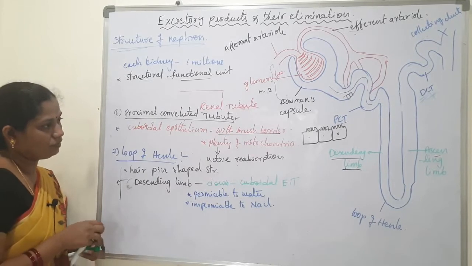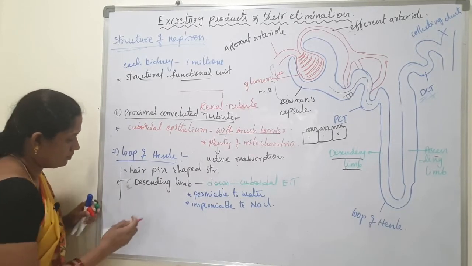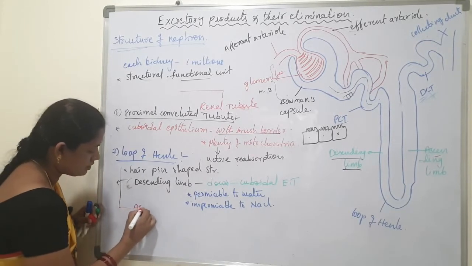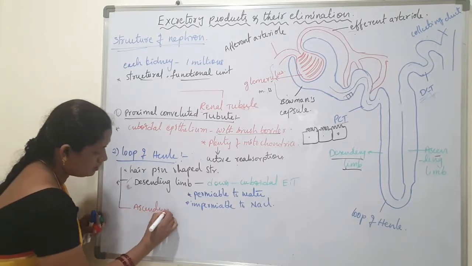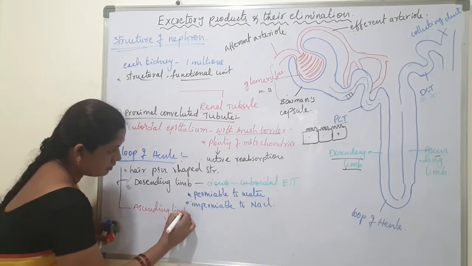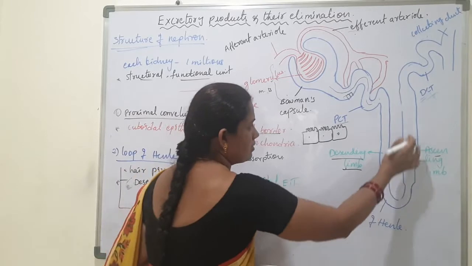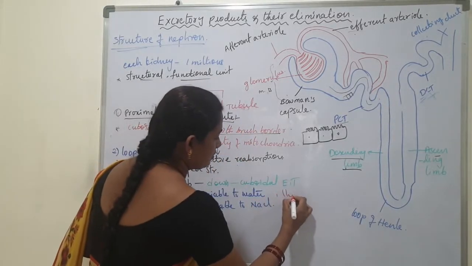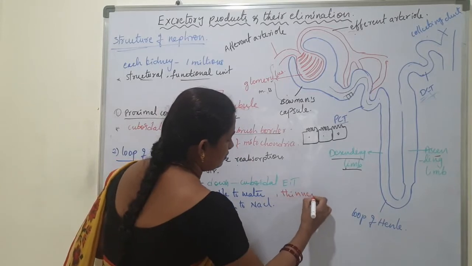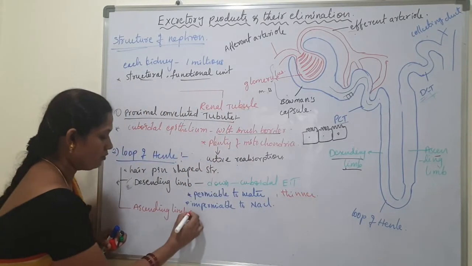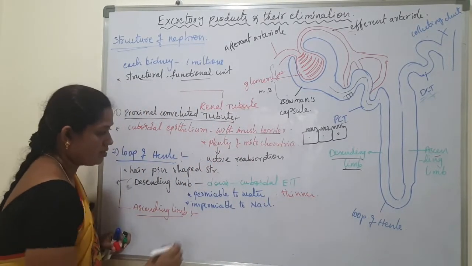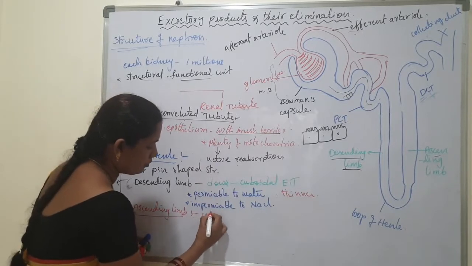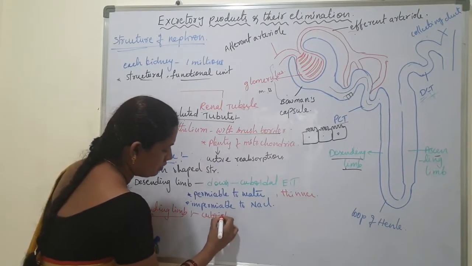Next, the ascending limb. The descending limb wall is slightly thinner. The ascending limb is also made up of cuboidal epithelial tissue.